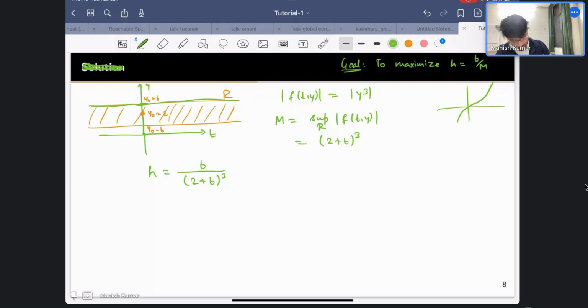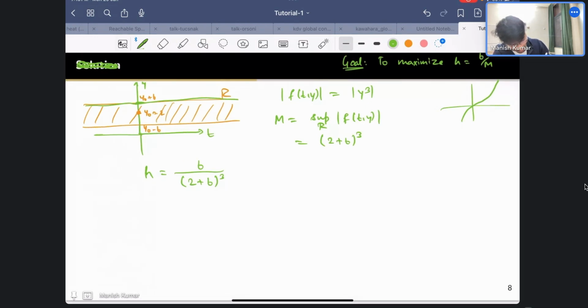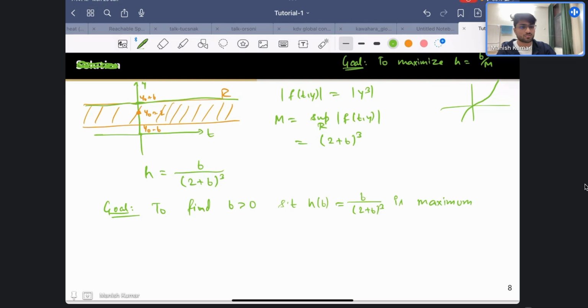So our goal is again to find b greater than 0 such that the function h equals b by (2 plus b) cube is maximum. So now you can see h is a function of b, right? The moment you change b, the value of h will change.